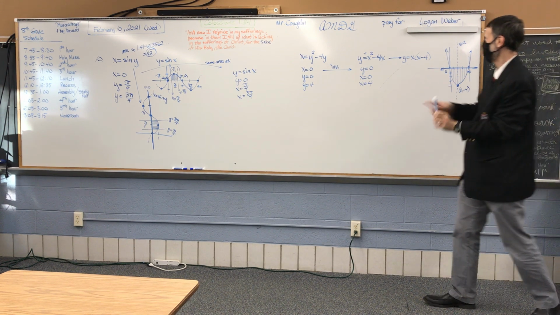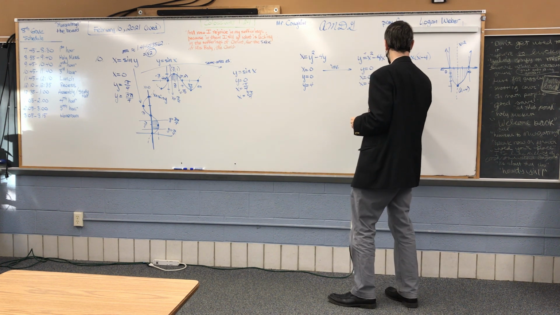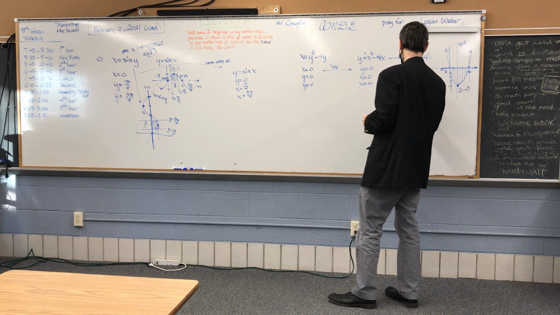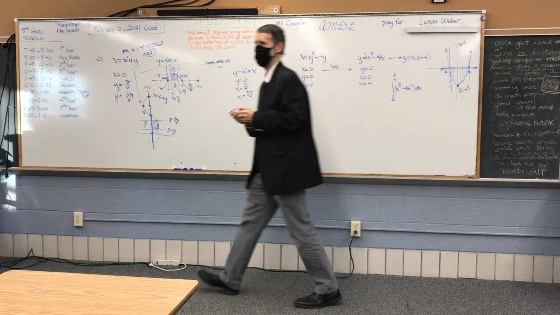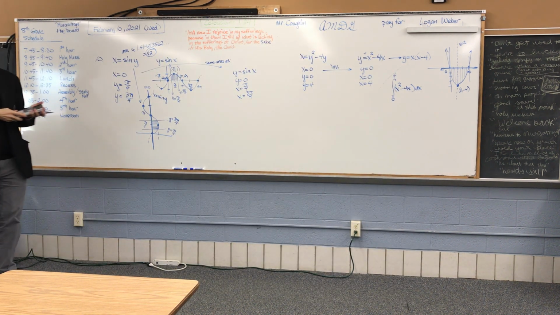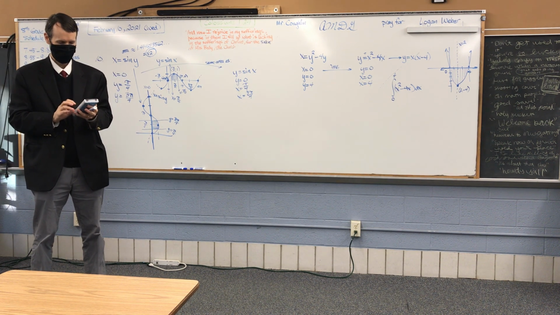So, take the integral of this from 0 to 4 of x squared minus 4x. You could probably do it by hand, but go ahead and type it in, it's a little faster.